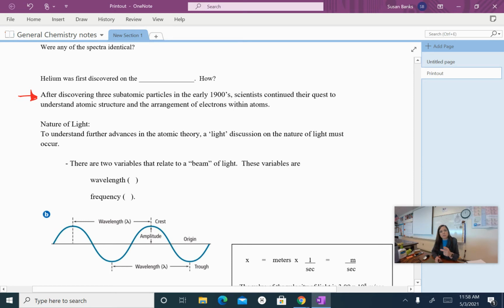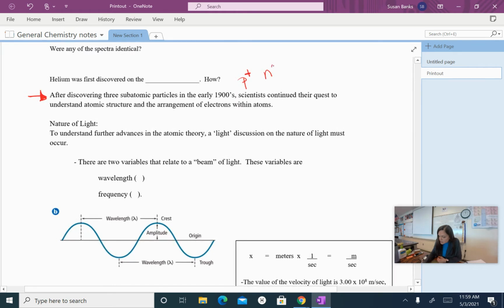Now, the 3 subatomic particles that they discovered, let's review because it's been a long time since we've talked about them. They discovered protons, and remember, protons are positively charged, and they are in the nucleus. They also discovered neutrons that are not charged at all.